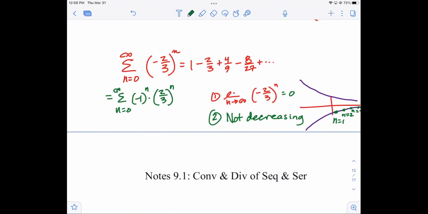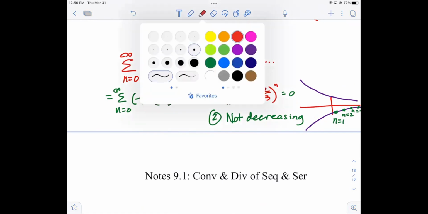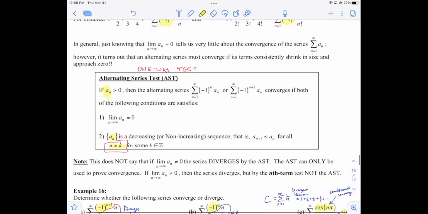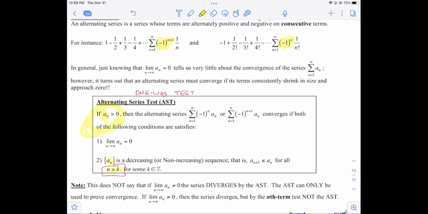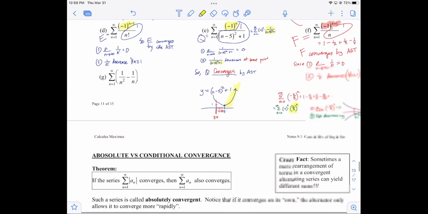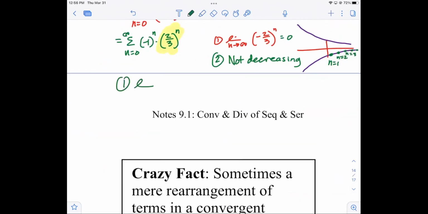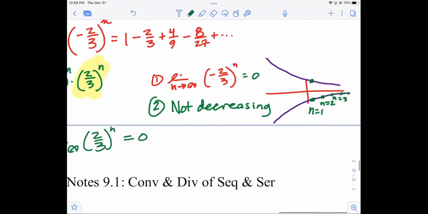And now if we want to use the alternating series test, I look at just the positive piece. Remember up here that said that it had to be positive? Okay, so now I think I can answer those two questions affirmatively, right? Number 1, the limit as n goes to infinity of (2/3) to the n. That does go to 0, and it goes to 0 from above.